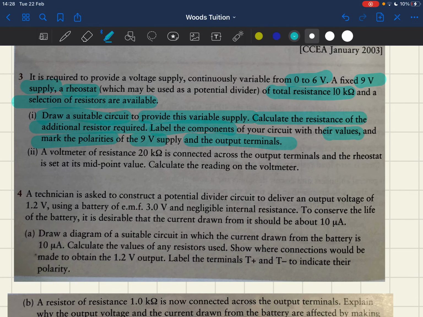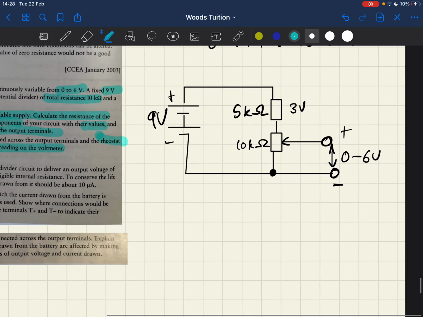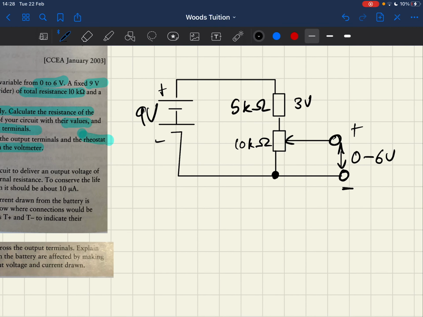3 part 2 is a voltmeter of resistance 20 kilo-ohms connected across the output terminals, and the rheostat is set at its midpoint value. Then we have to calculate the voltmeter's reading. Okay, so now in this part, we're going to have our circuit, and I'm just going to draw it like this here for easiness because it's a little bit difficult to draw circuits on the iPad.